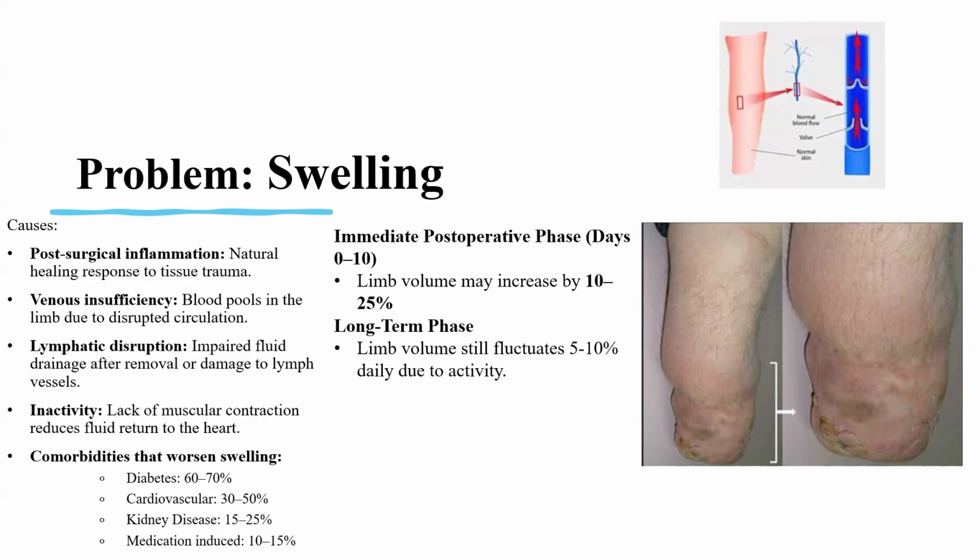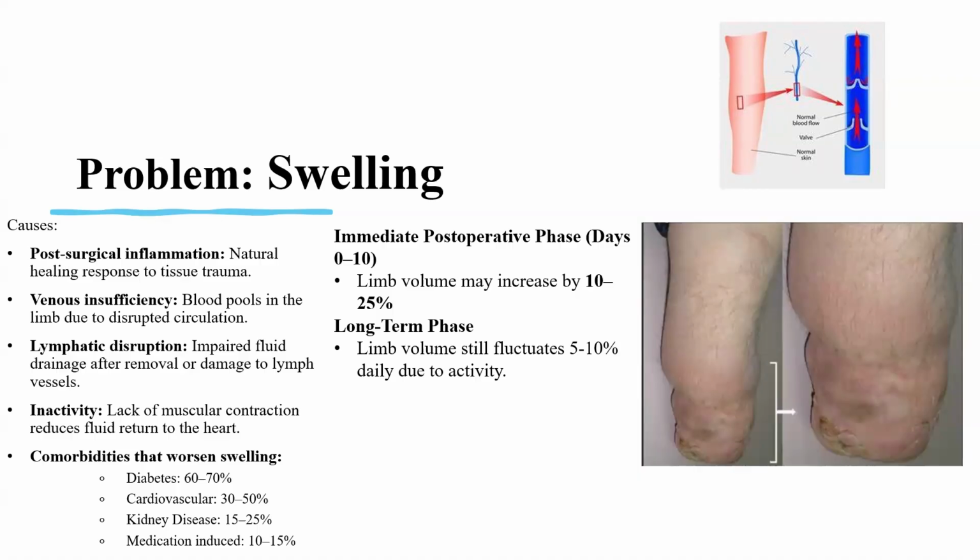Also, in the lower limb, there are blood vessels that have valves that aid in the circulation of blood from your lower extremities back up to the heart, because it facilitates blood going up while preventing gravity from pulling the blood back down. And lymphatic disruption is somewhat similar to venous insufficiency, and that's just related to extra fluid buildup.